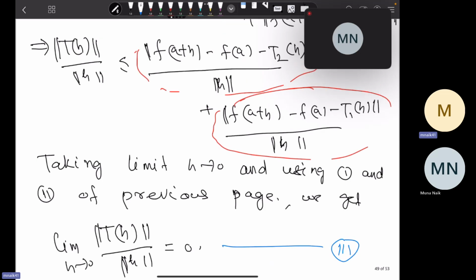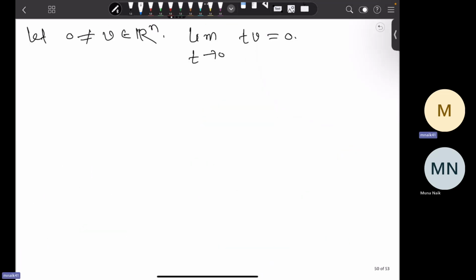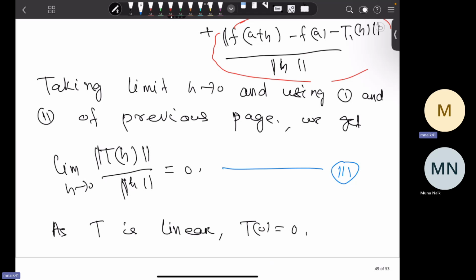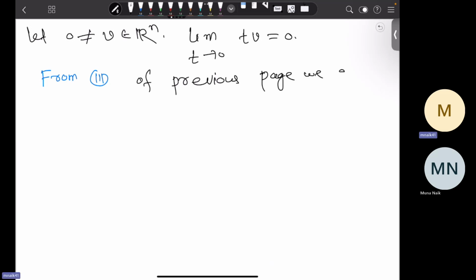Okay, so since this thing is 0, from the previous one, actually what will I get? We get this thing: the limit t tends to 0, norm of tb by norm of tb.